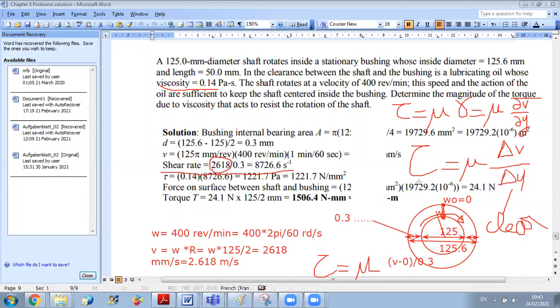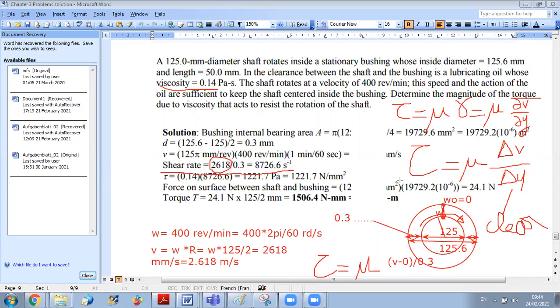I can find the total force, because shear stress is force per unit area. If I want to find the force developed, all I have to do is multiply by the area.